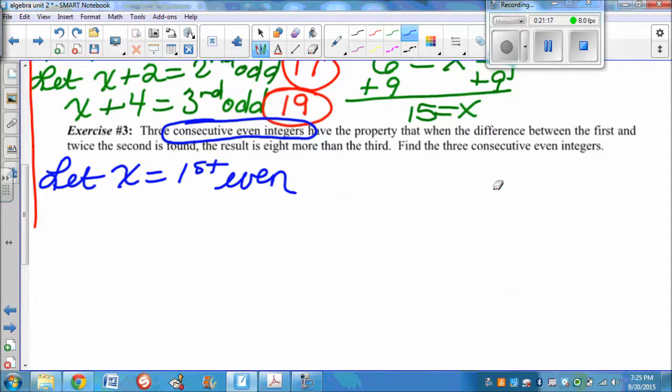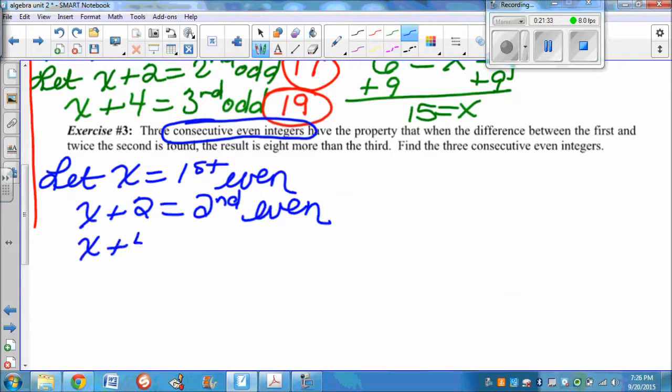If your first integer was 2, the next one's going to be 4. So the distance between 2 and 4 is just we added 2. Does this look strange? Does it look like the last one we just did? And then the next one's going to be x plus 4, my third even integer.